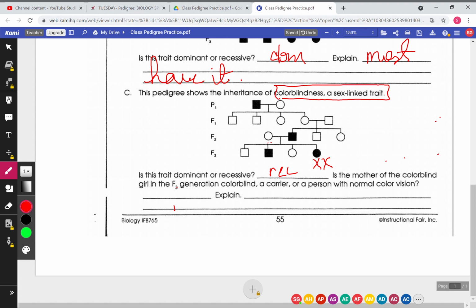It's also telling us here, we want to know, is the mother of the colorblind girl, which is this one right here, is she colorblind, carrier, or normal? Well, we know she's not colorblind because she's not colored in.